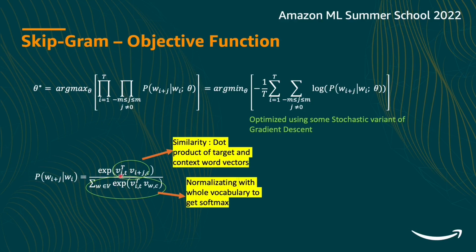In the numerator, we take the dot product of the word vector representation of the target word and the context vector representation of the context word. And in the denominator, we sum it up across all the words in our vocabulary to normalize.